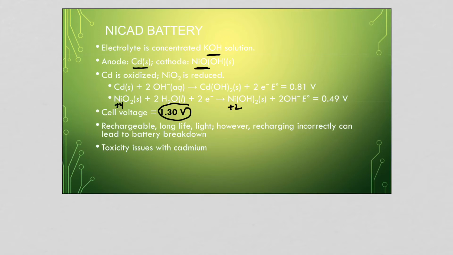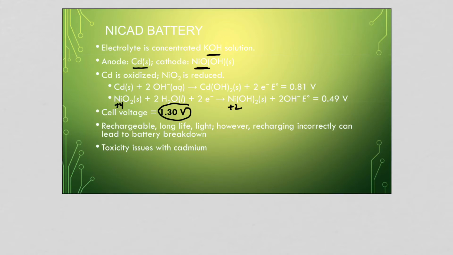Now, these are great batteries. These were made, you might remember, in various forms to replace AA, AAA, and larger types of batteries. They are rechargeable, of course. They have a long life. They're relatively lightweight. Now, these did have recharging issues. You had to be very careful when you recharged them.